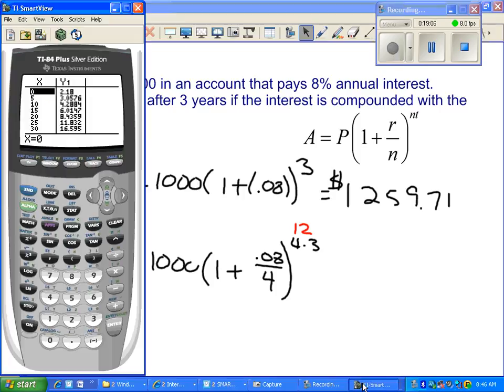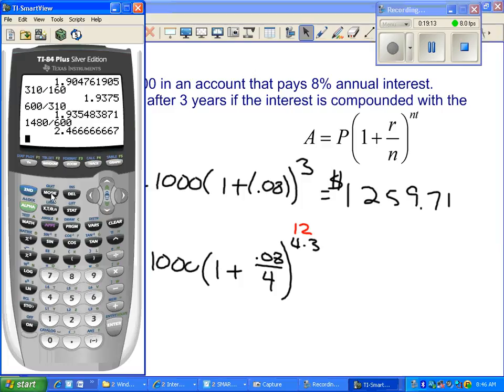So if I go to my calculator, I'm going to plug in 1,000. Let's see if I can do it all at once. Parentheses, 1 plus 0.08 divided by 4. Close my parentheses. The calculator will divide before it adds, so that will work.